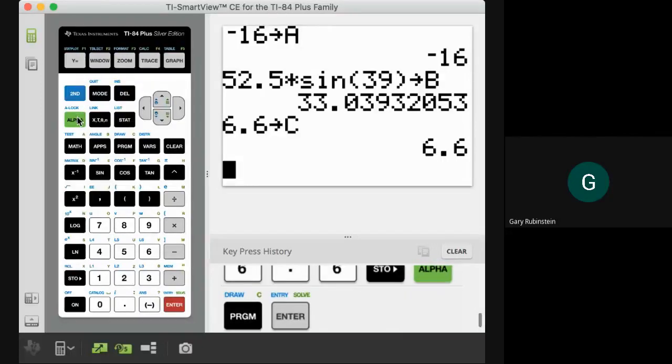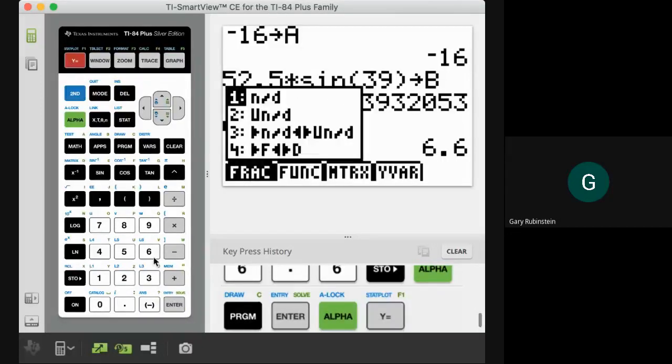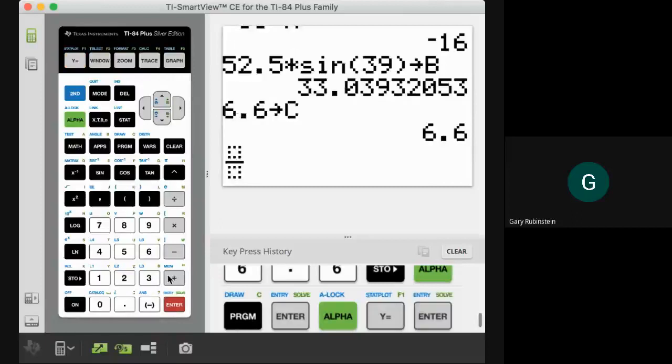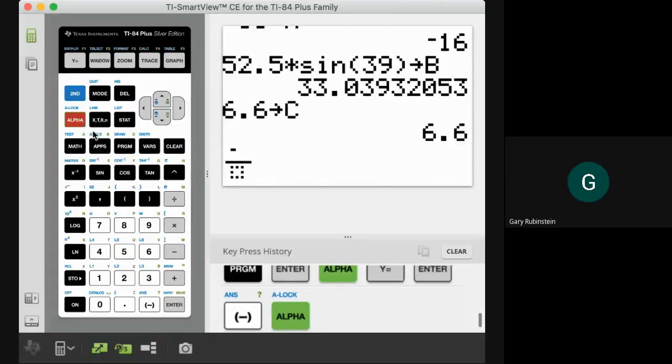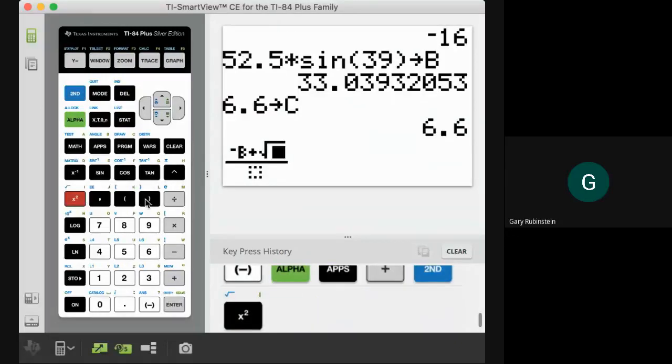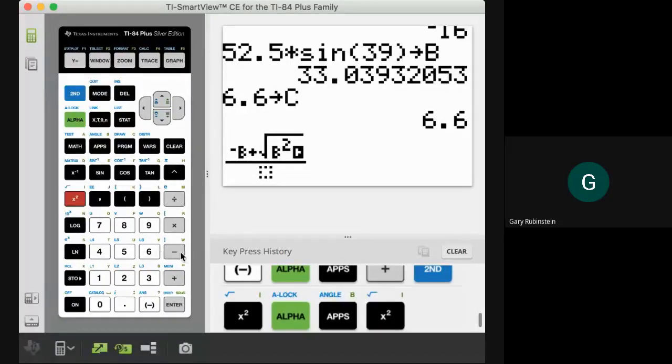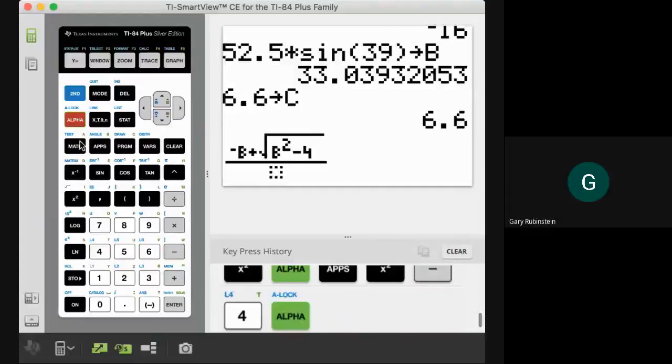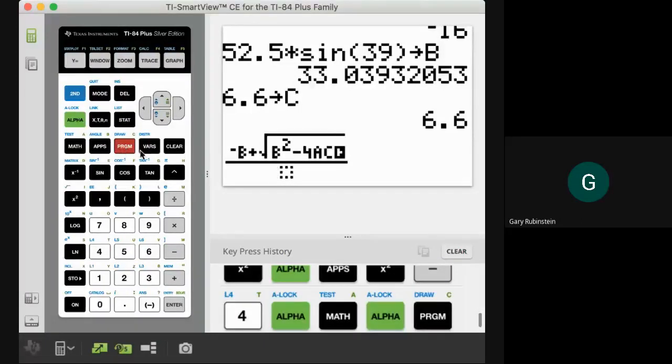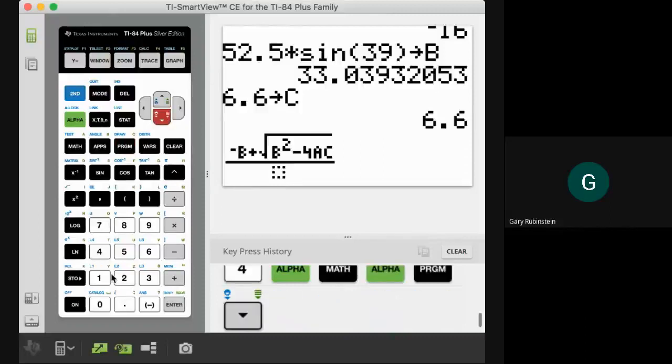And then finally, if I do alpha and y equals, I can make a nice fraction that way. So negative b plus square root. You might wonder plus and minus, there's two things. I'll do both. b squared minus 4ac, over 2a.